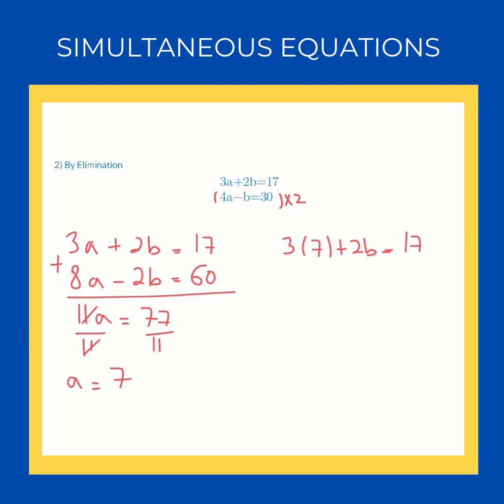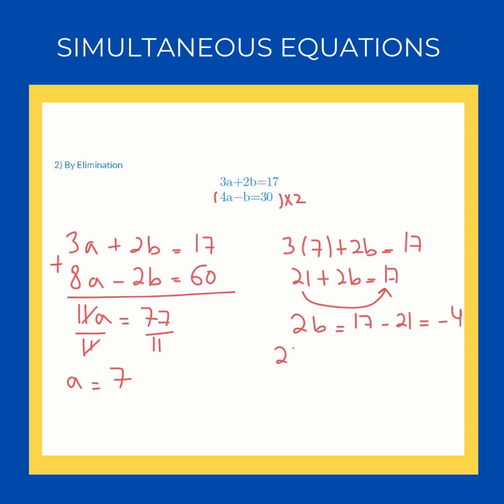So 3 times 7 is 21 plus 2b equals 17. So I'm going to move 21 to the right-hand side of the equation. So 2b becomes 17 minus 21, which is equal to negative 4.